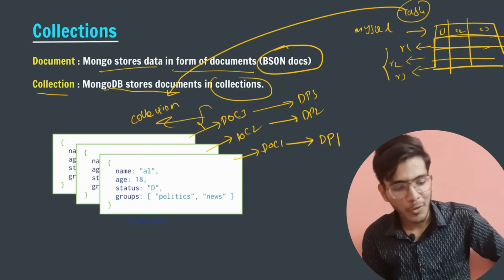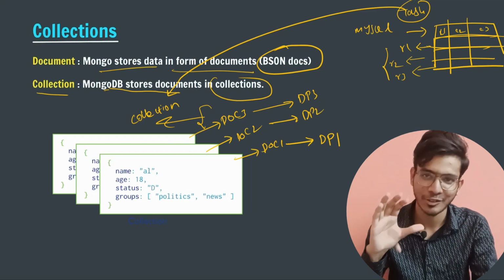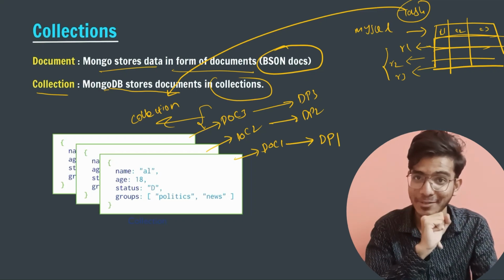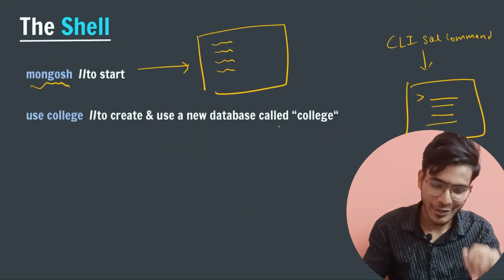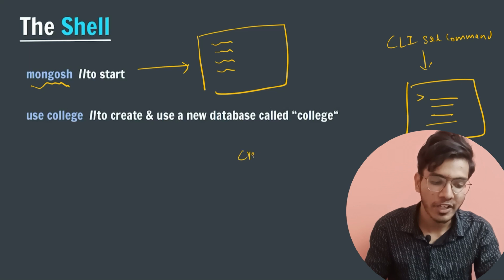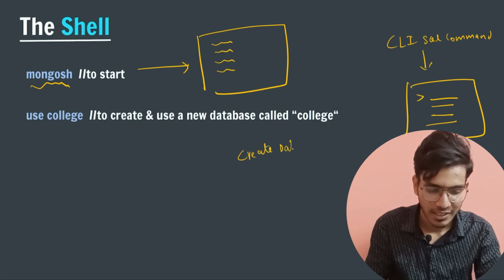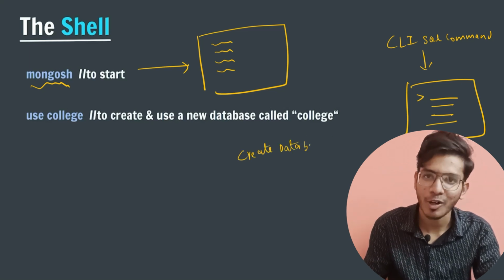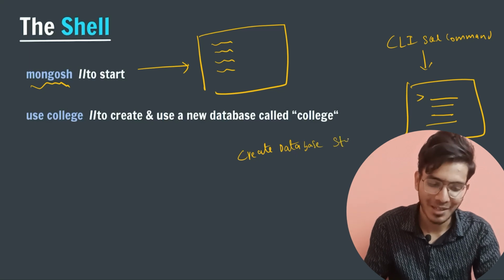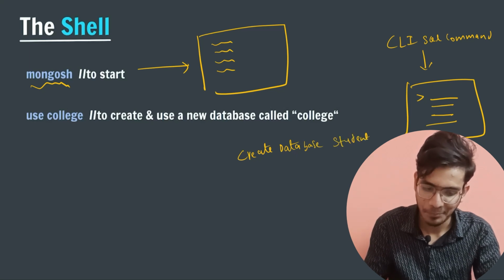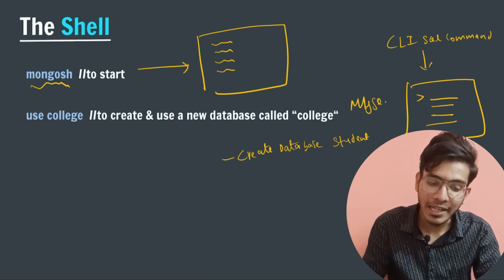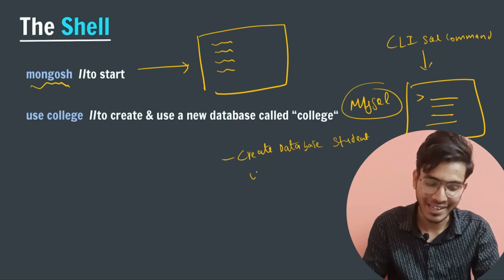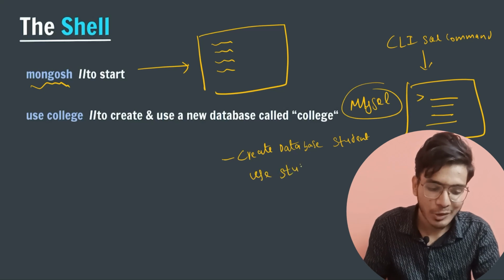Now we have talked about how data is stored, but how do we create a database? In SQL, to create a database, first of all we used to write create database, and let's say I want to create a student database, so I used to write student here, right? After that, to use this database in MySQL, we were writing a command use student.